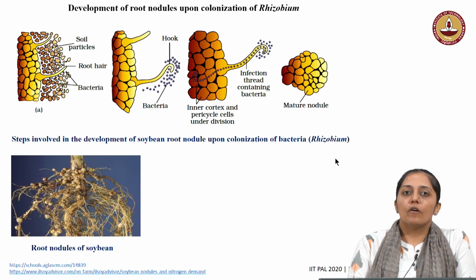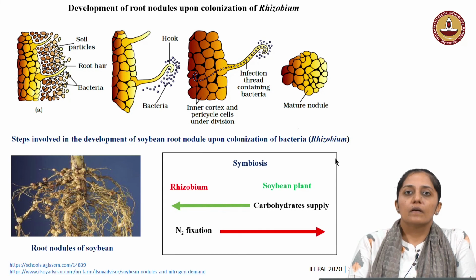This is a picture of the soybean root nodules. So, the symbiosis is that the soybean plant provides the carbohydrate supply to the Rhizobium, while the Rhizobium helps the plant in fixing the atmospheric nitrogen.